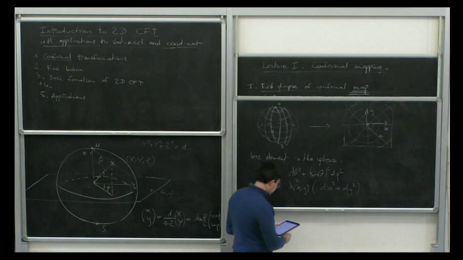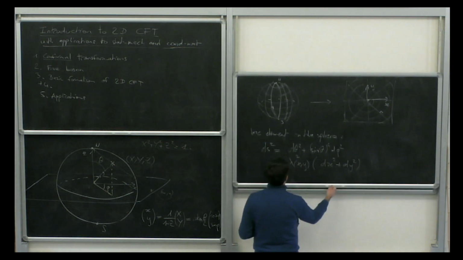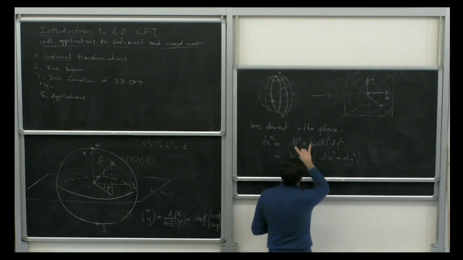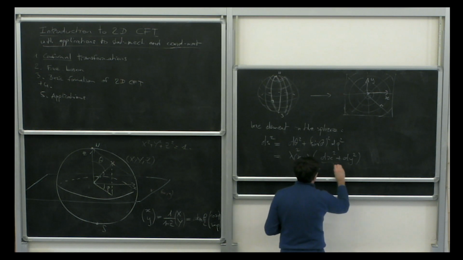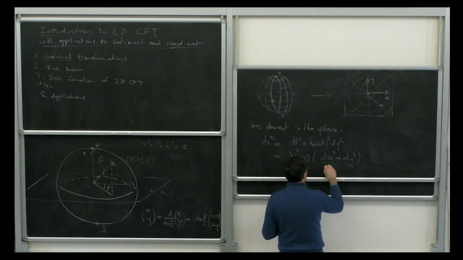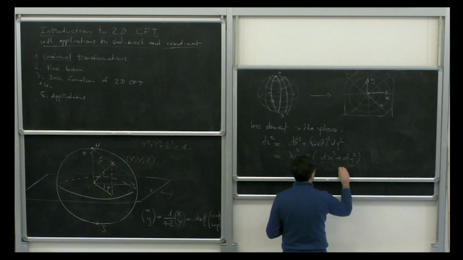And the point here is that the line element written in the spherical coordinates turns out to be proportional to the line element in the Euclidean plane.